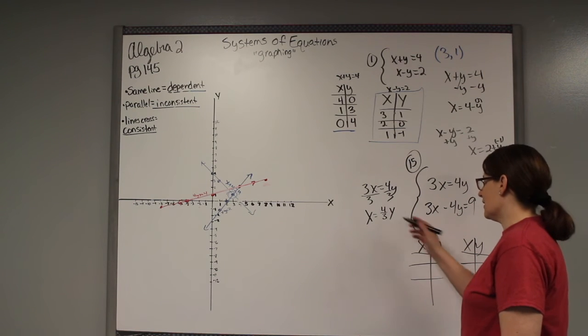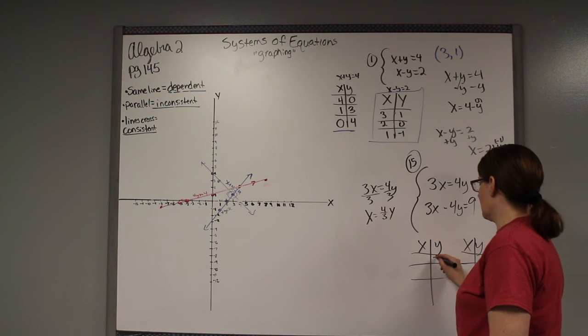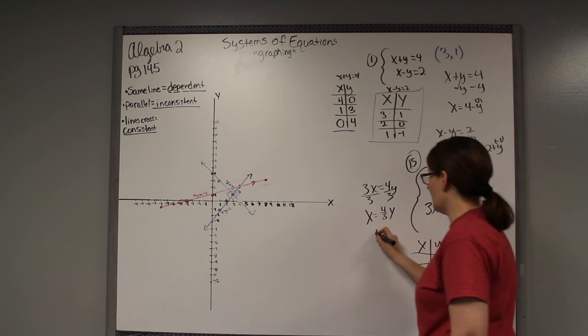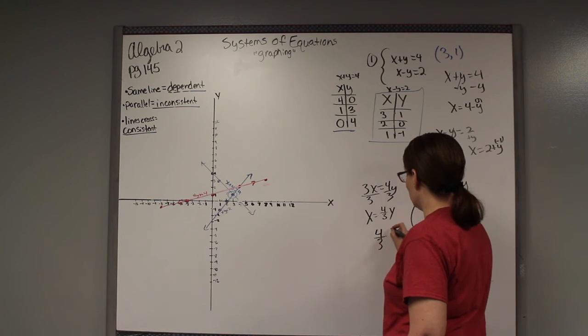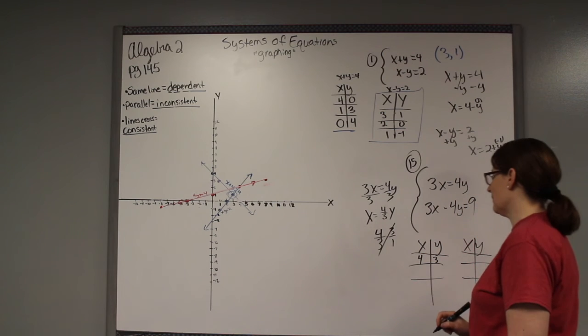So, for instance, if I said y was 3, then that would be 4/3 times 3/1. The 3's cancel out and x would be 4. Okay?